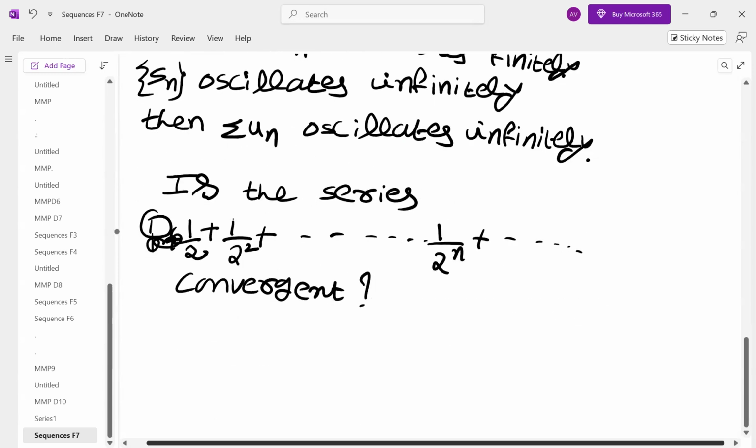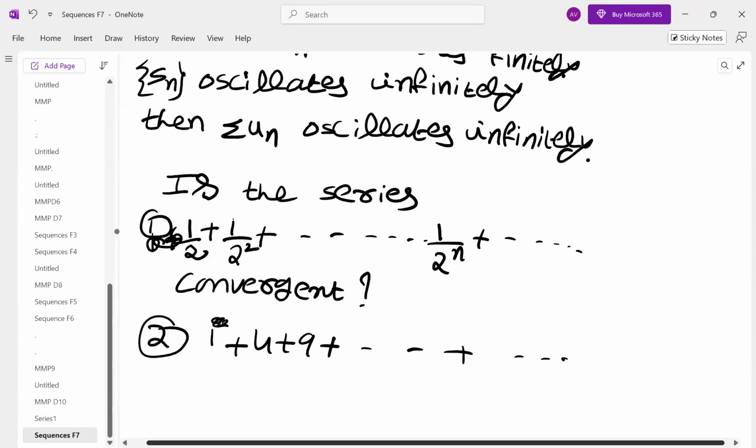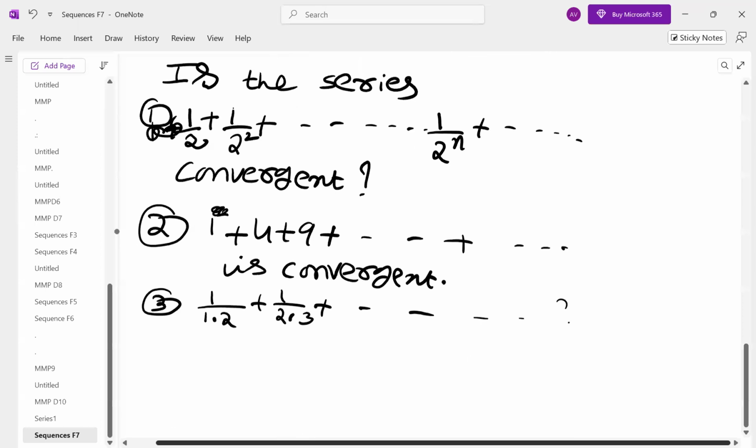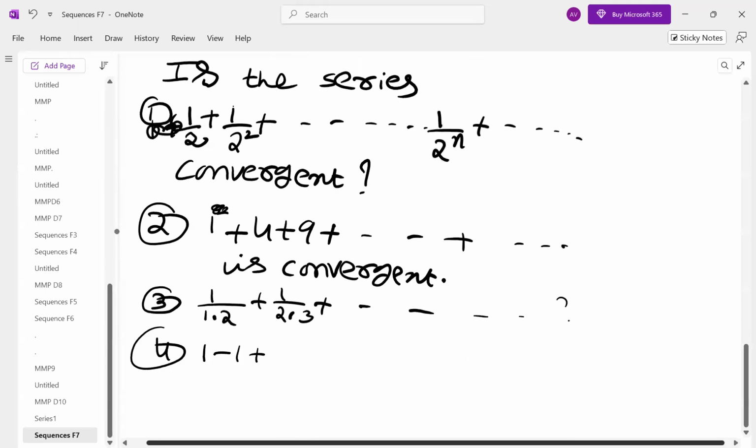And also we want to know whether the series 1 square plus 4 plus 9 plus and so on is convergent. We want to know whether 1 by 1 into 2, 1 by 2 into 3, and so on is convergent. And also we want to know whether 1 minus 1 plus 1 minus 1 is convergent. So let us see these questions.